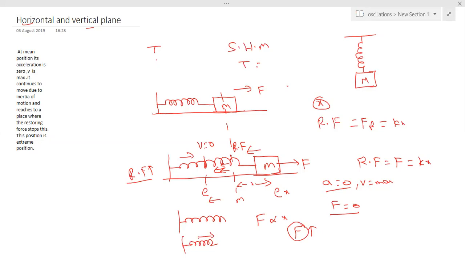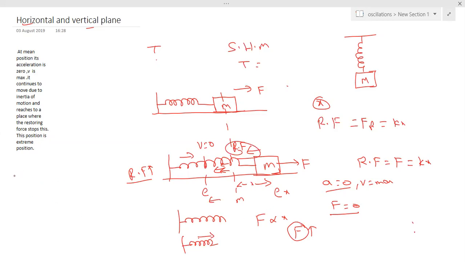Because of inertia of motion it will go further. When it reaches the extreme position, the restoring force will act in the opposite direction and again pull the mass in this direction. So finally, because of this restoring force, this mass will move to and fro about the mean position. Now let us derive the expression for the time period.